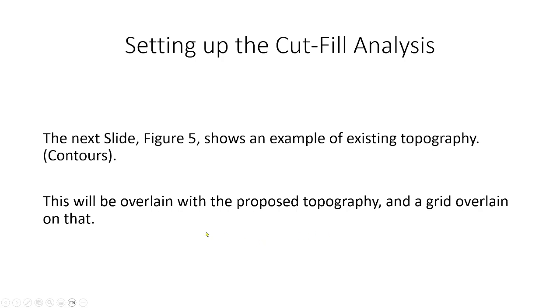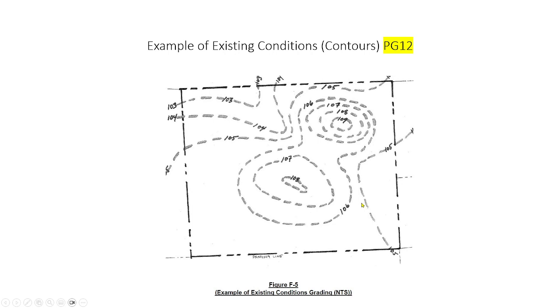The next slide coming up shows an example of existing topography where nothing's been done. We're going to overlay that with proposed topography and a grid over that. This is our beginning right here. Let's look at this for just a second.